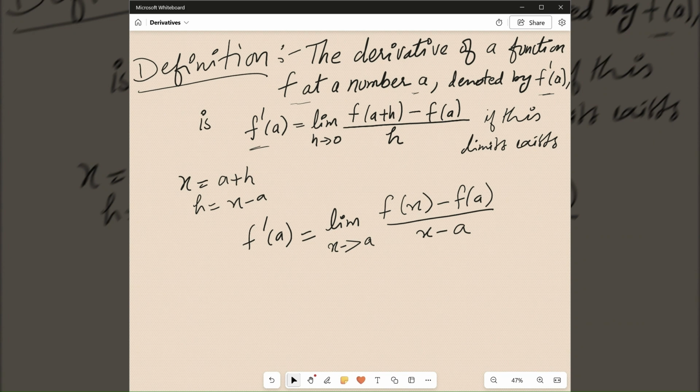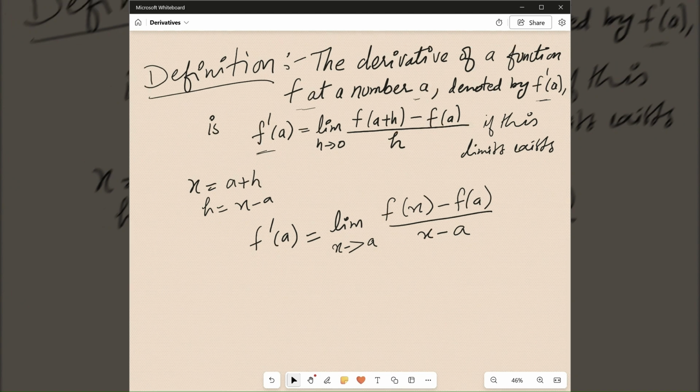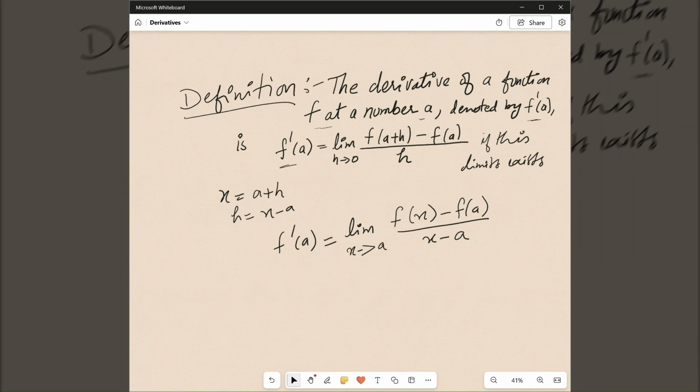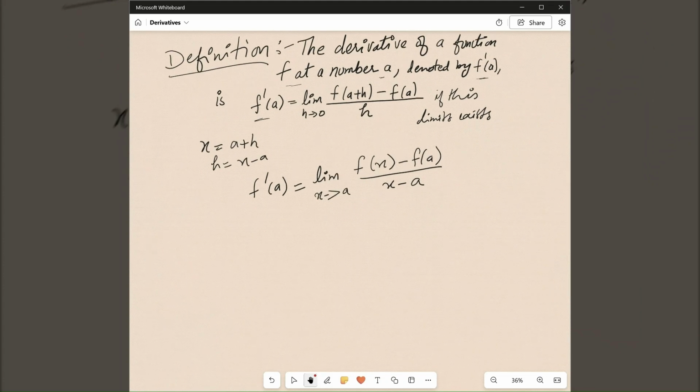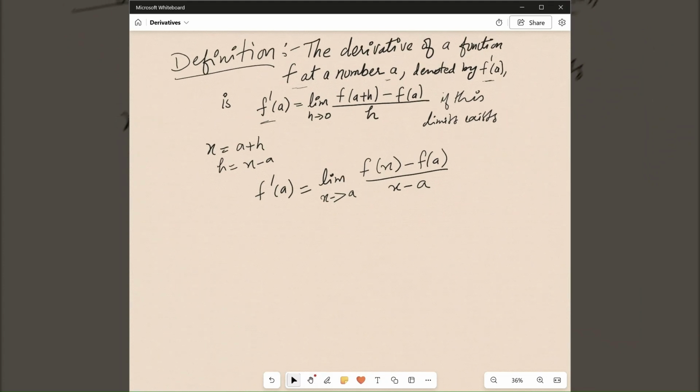So let's make this visual, what we exactly mean, by solving this problem. Let's see, we have this example.